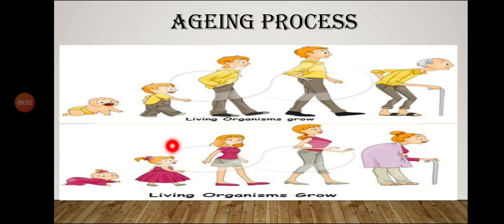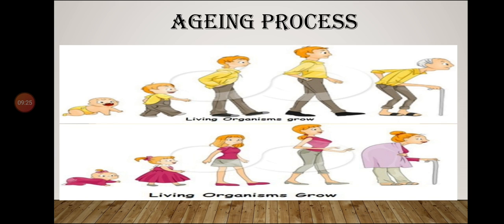This process is known as the aging process. That means life has to continue, but at a certain point of time the molecules, the organs, the systems begin to lose their effective working and become old.